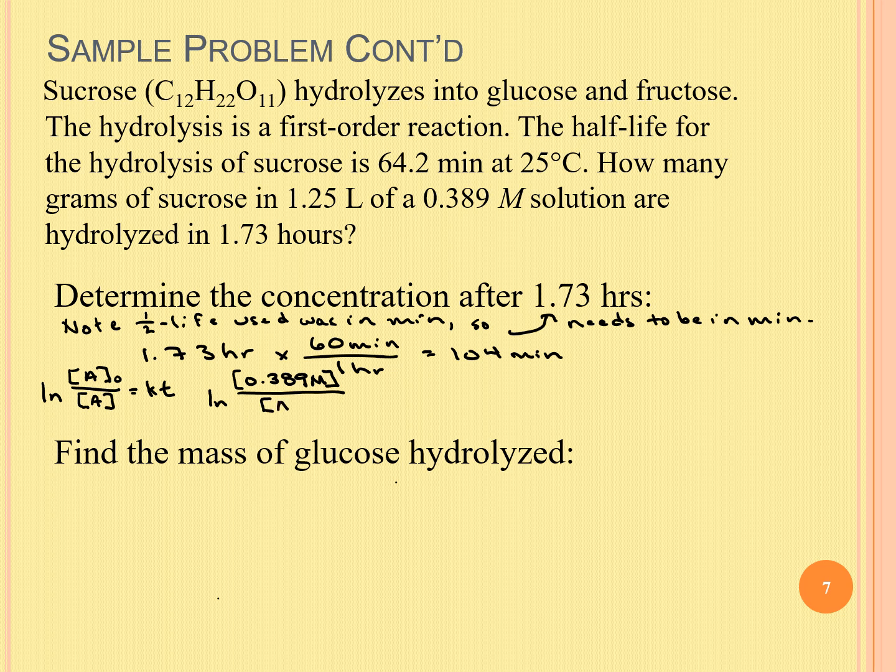Our A is actually what we're looking for in this case. So that's equal to K. K we found on the previous slide by using the half-life. Remember that that was 1.08 times 10 to the minus second, per minute. And now our time is 104 minutes. That's why we needed to get that into minutes, so that those units would cancel each other out properly.